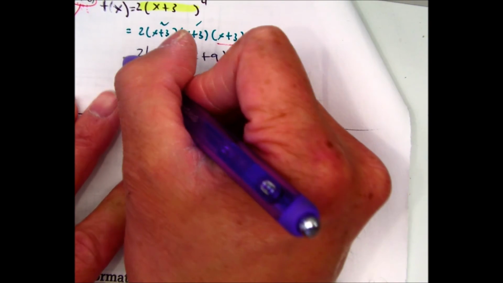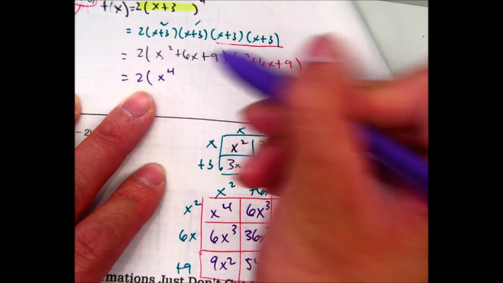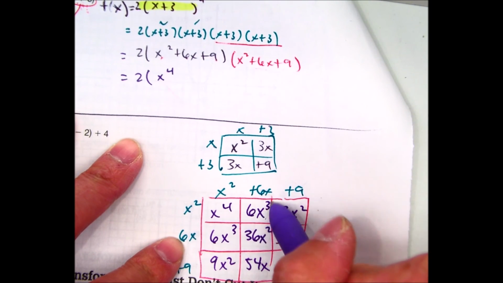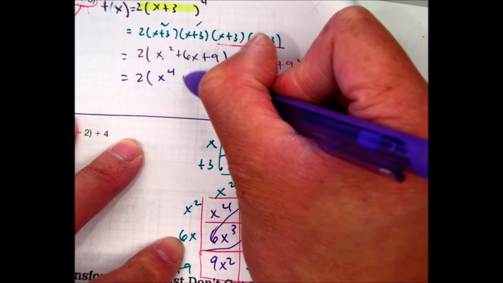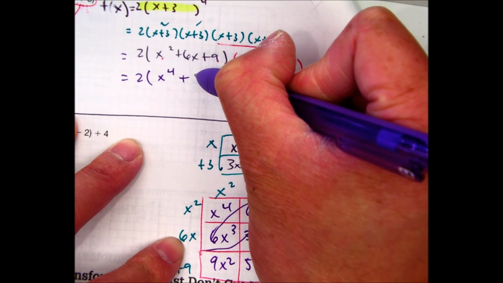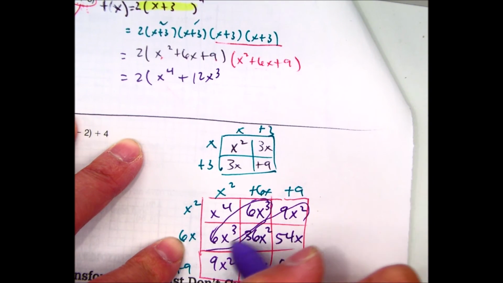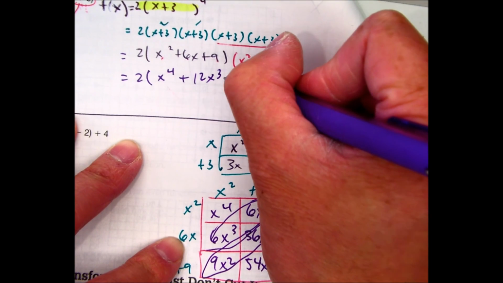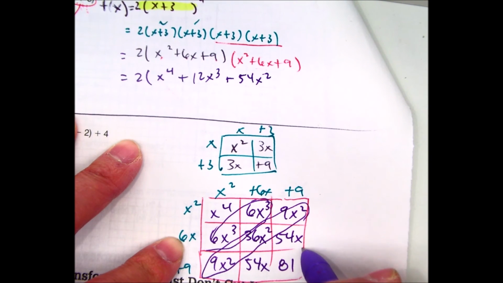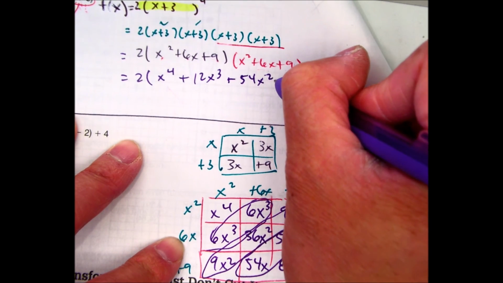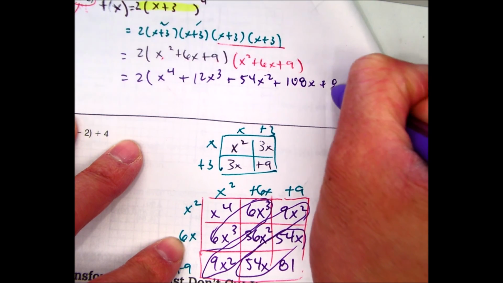Alright, so now I can write that up here. I'm just going to combine like terms, x to the fourth. You'll notice that they are like terms going in that direction. You see that? That becomes what? You're adding 6 plus 6, 12x to the third. Add all of those. 54x squared. Add those two. 108x, and then 81.